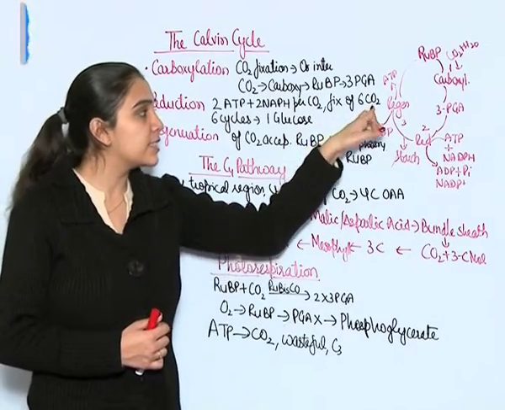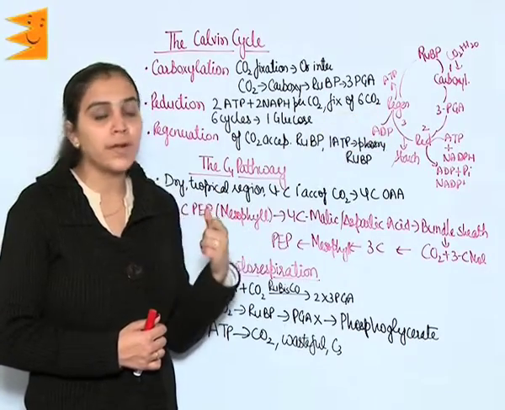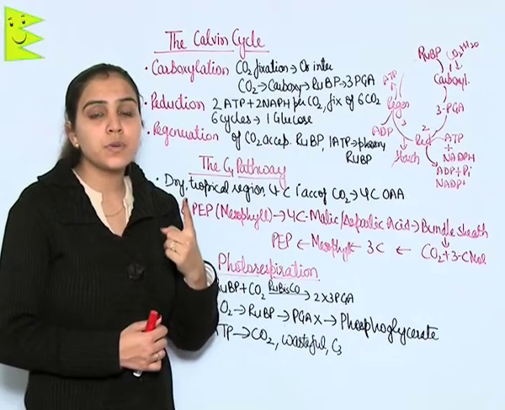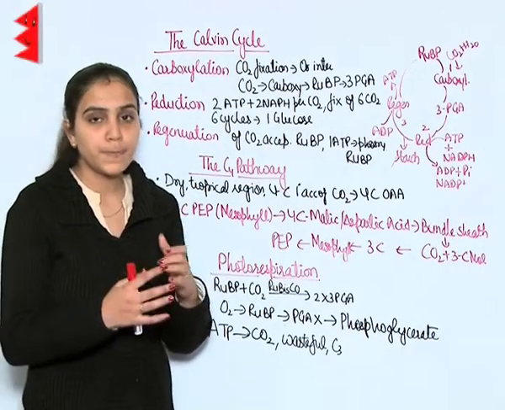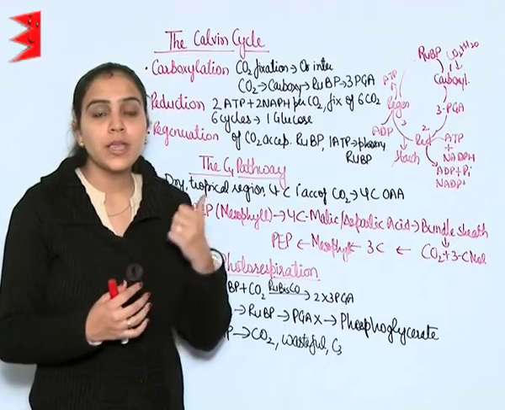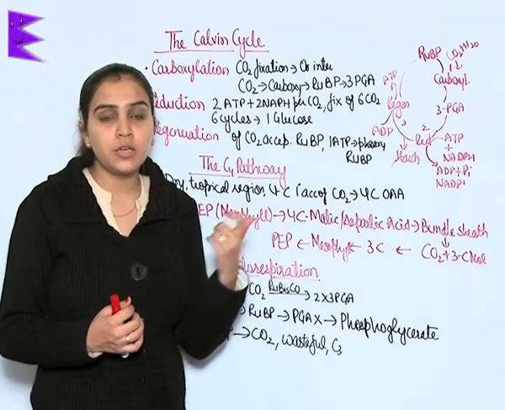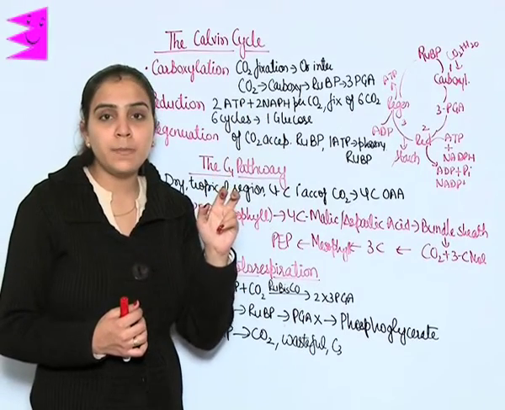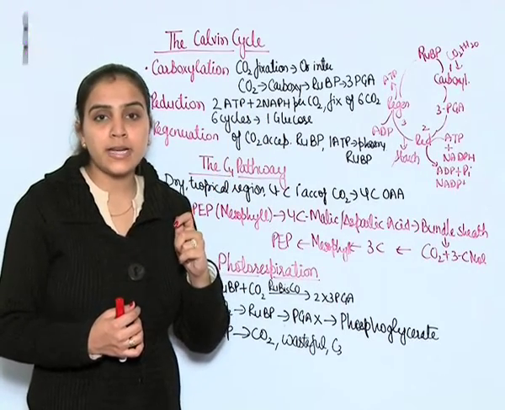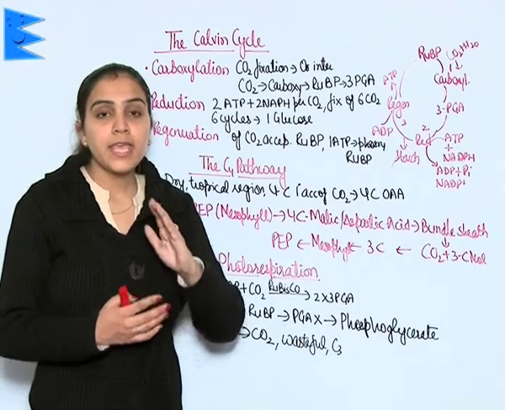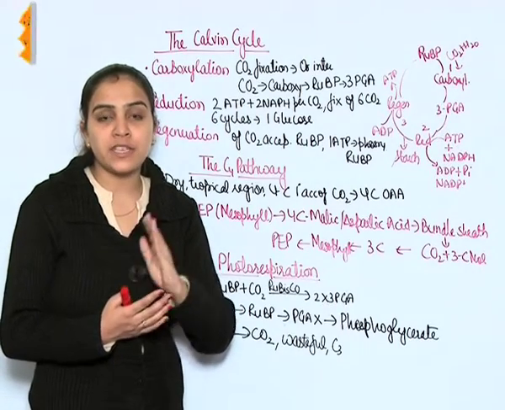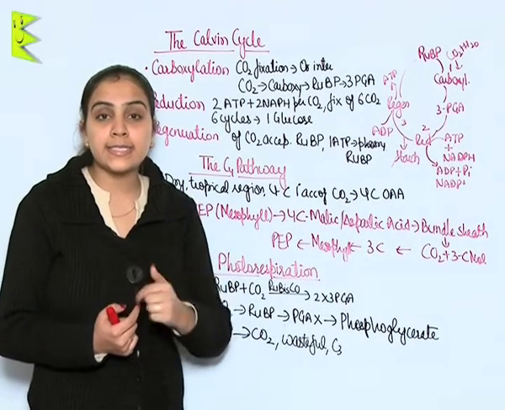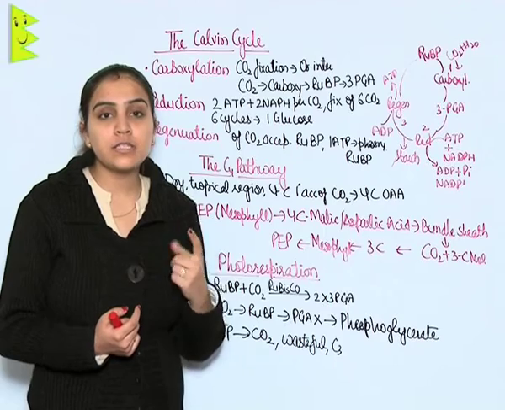To fix 6 molecules of carbon dioxide, 6 cycles like this give 1 molecule of glucose.